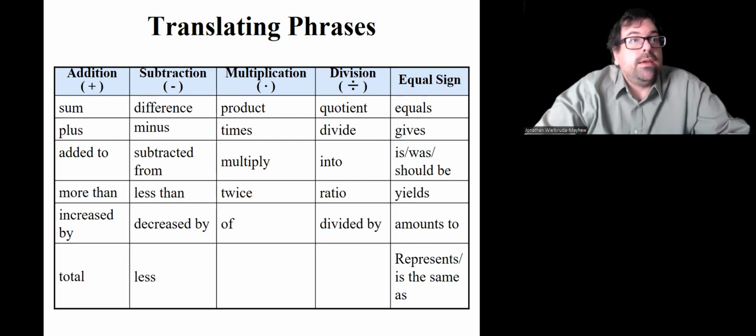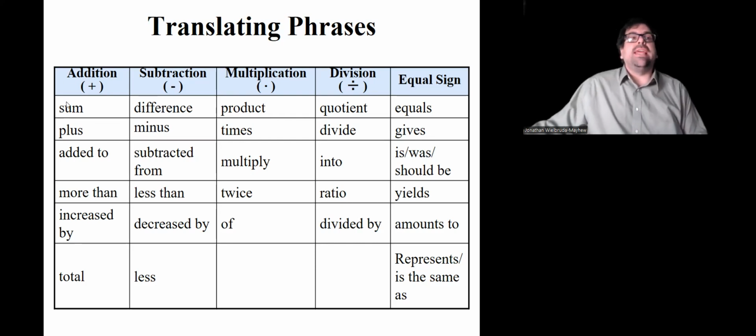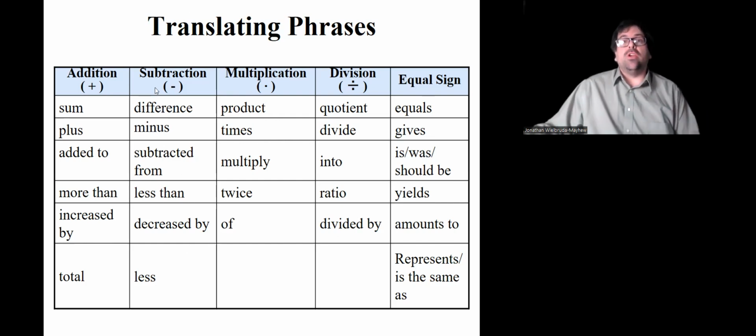When we see sum, plus, added to, more than, increased by, or total, these are words that indicate that we're using addition. When we see words like difference, minus, subtracted from, less than, decreased by, or less, these are words that indicate that we are using subtraction.